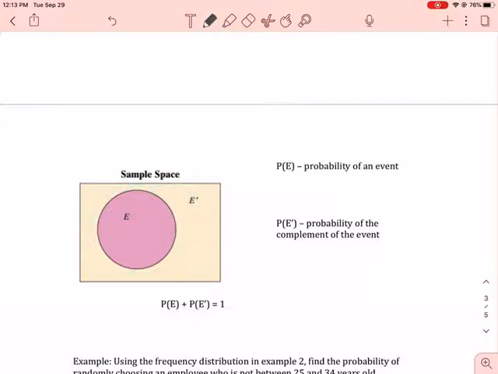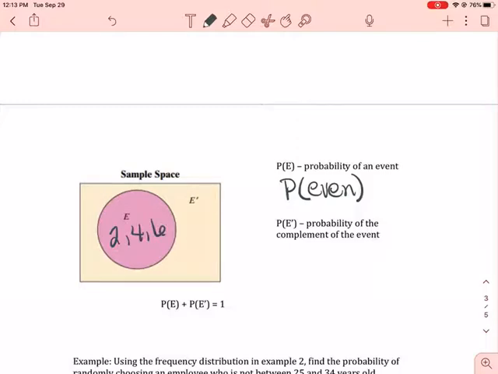Okay, so let's say that my sample space is rolling a die, 1 through 6. And my event is evens.